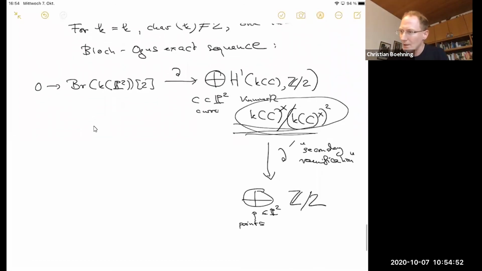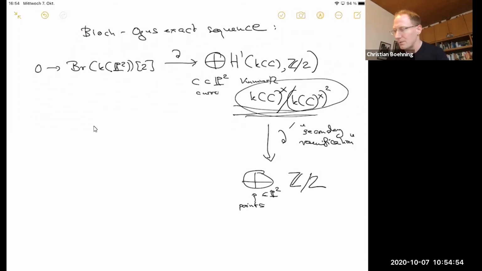If you have a smooth curve, it just works like this. You take a non-zero function on that curve, well-defined modulo squares, and you look at a point on that curve and you associate the order of zero or pole of that rational function modulo 2, which gives you this.